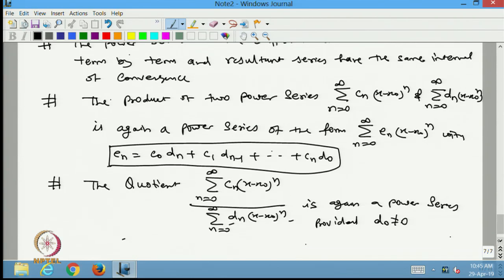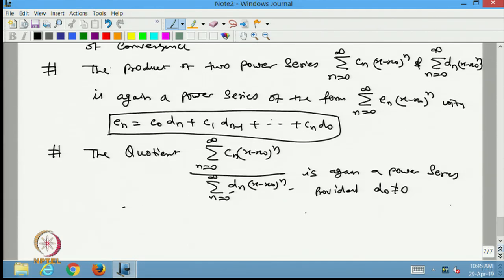So, if I take the ratio of the two power series, then it is again a power series with d naught not equal to 0.